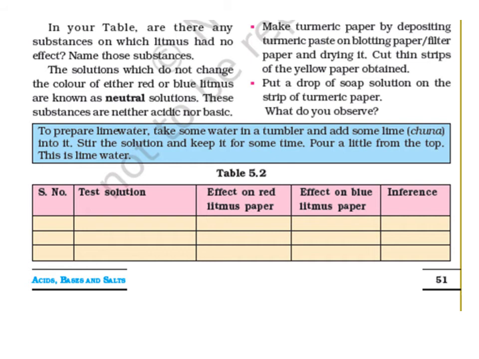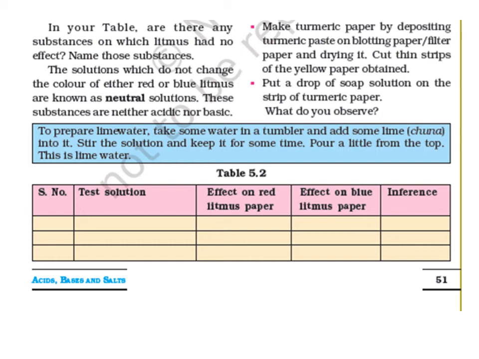That means the given substance is basic in nature. The detergent is basic in nature, that we can conclude. The turmeric indicator has a special property: it will show no change in color in an acidic medium, but it will show a change in color to dark reddish brown in a basic medium.